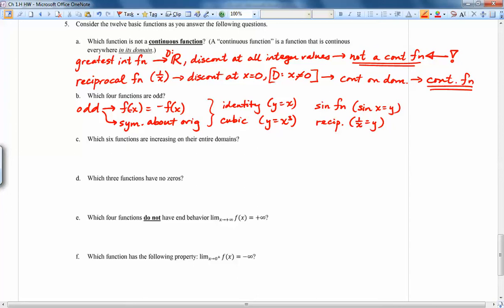Which 6 functions are always increasing? Well, okay. We've got the identity function. We've got the cubing function. We have the square root function.